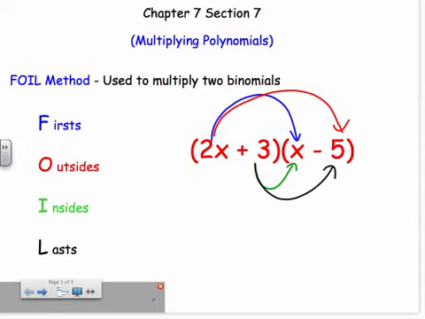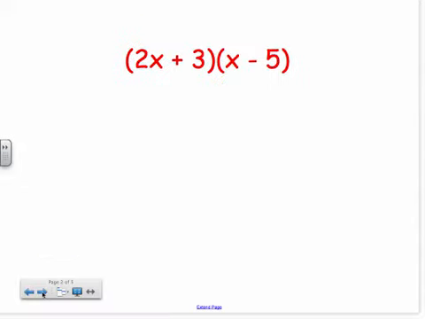So let's actually take a look at how we attack this problem here. Same type of problem. My way of thinking, instead of thinking FOIL and going first, outside, inside, last, I just take my first binomial here, and I understand that I need to distribute this 2x, and I also need to distribute the 3. And I just take each one at a time. So I distribute the 2x. I take 2x times the x in the other binomial.